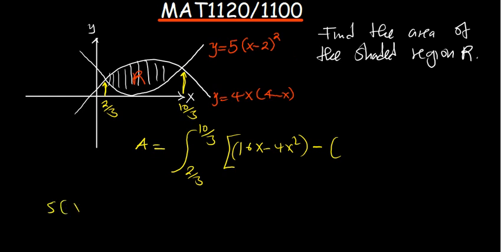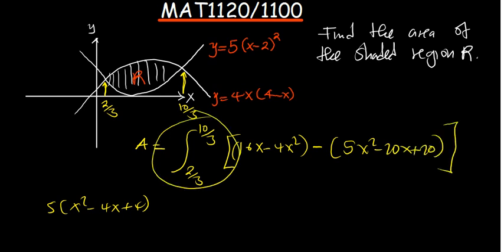We said that is x squared minus 4x plus 4. And that gave us 5x squared minus 20x plus 20. This is an integral. Whenever we've got an integral, we need to know with respect to what we are integrating. In this case, it is with respect to x because you can only see x there.